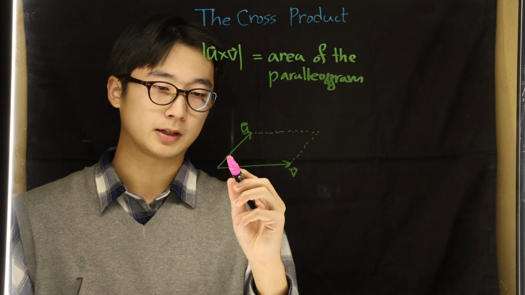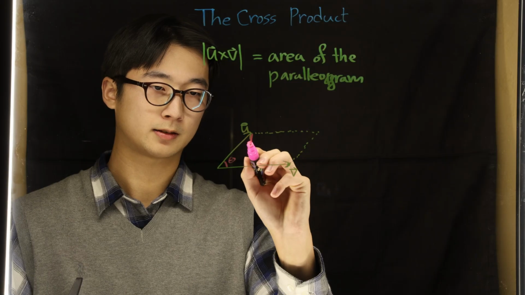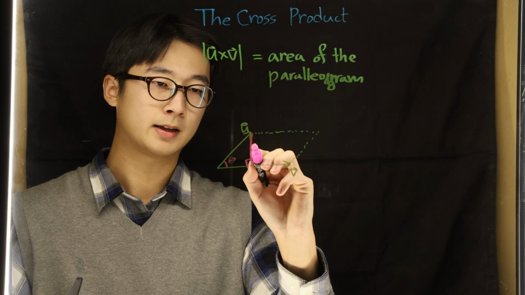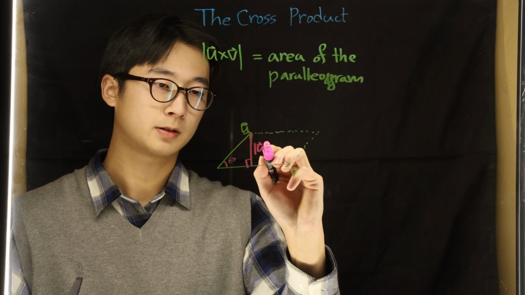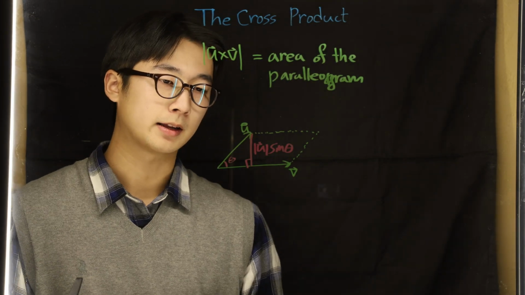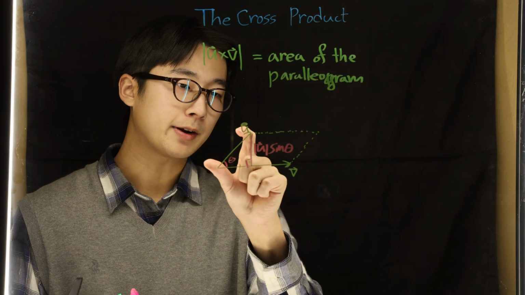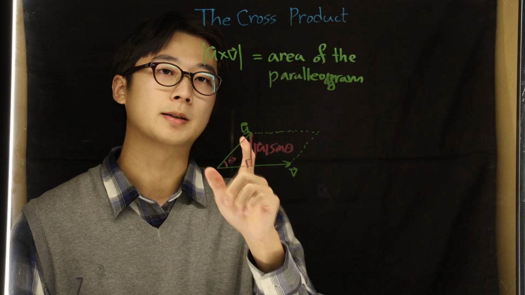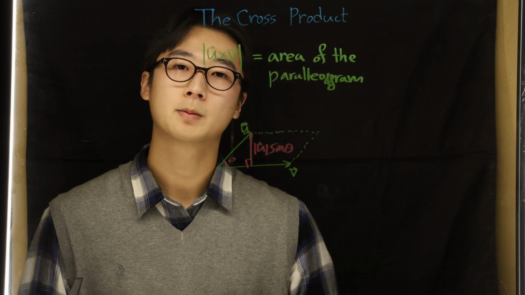And there's an angle between those two vectors, and there's a height. This height can be determined by multiplying the magnitude of vector u times sine theta. So what I'm saying is that you can get the area of this parallelogram when you calculate the magnitude of the cross product. Pretty interesting, right?